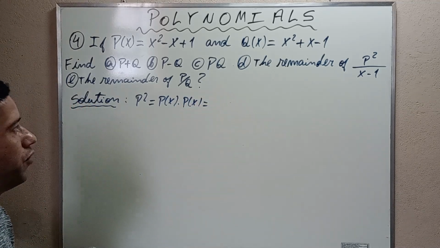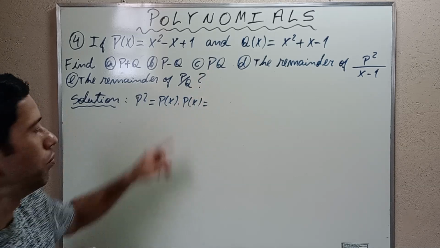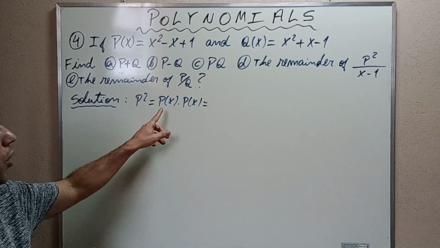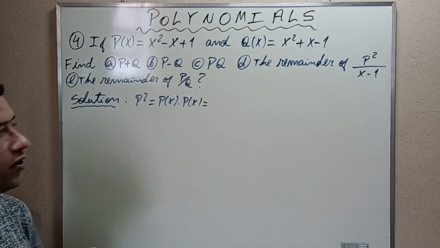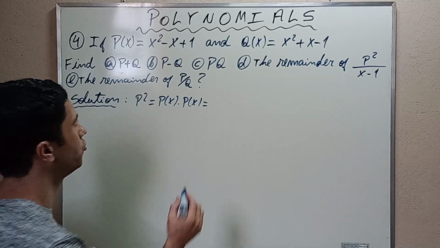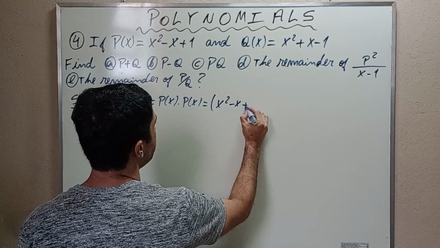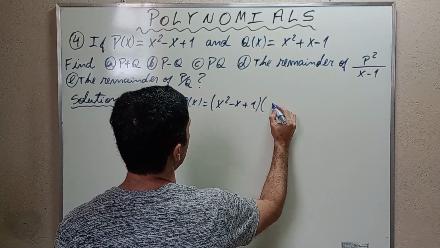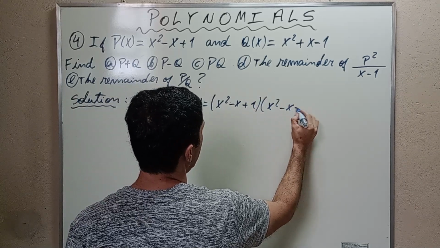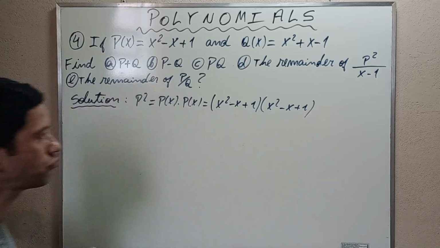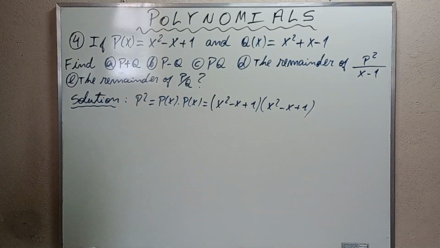And as we did for letter C, we simply multiply, but now p of x by itself, okay? We are going to do it x squared minus x plus 1, x squared minus x plus 1, okay? This is the multiplication that we need to perform.